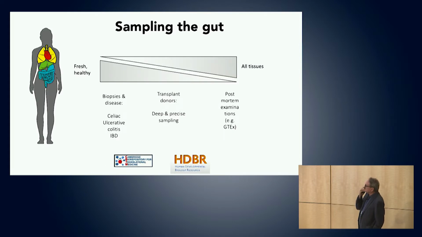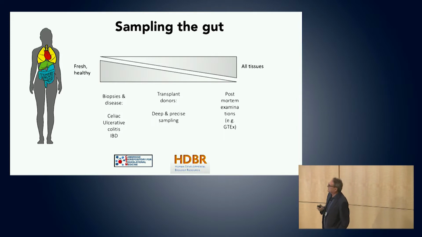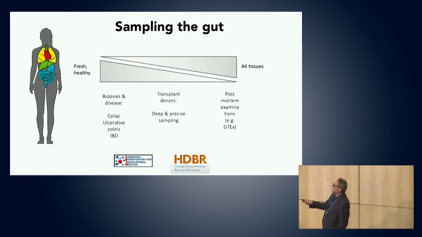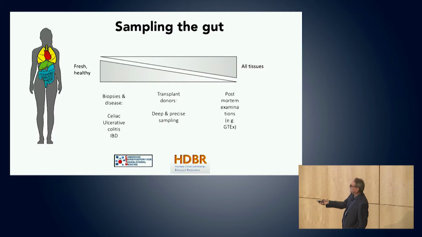The second one is a slide from Sarah, which is a very complicated slide. It basically shows where we find the intestine, and then the number of projects that they're starting.